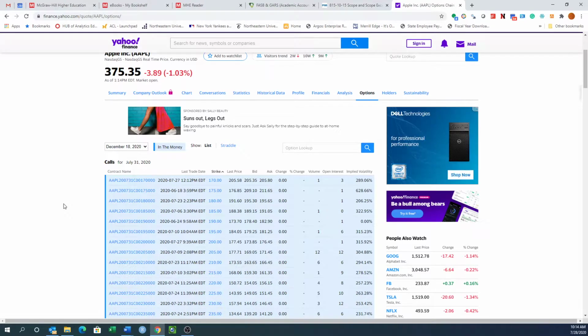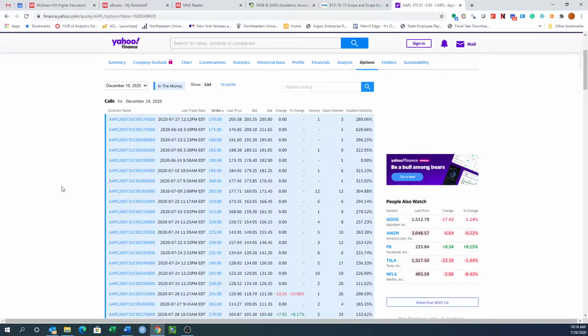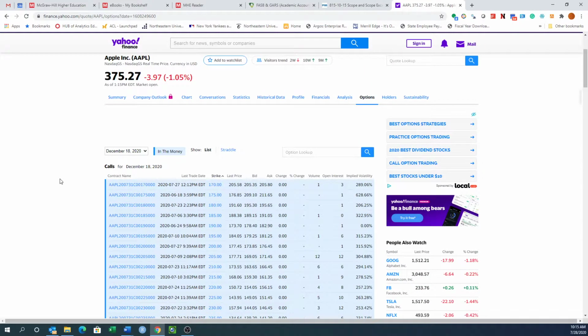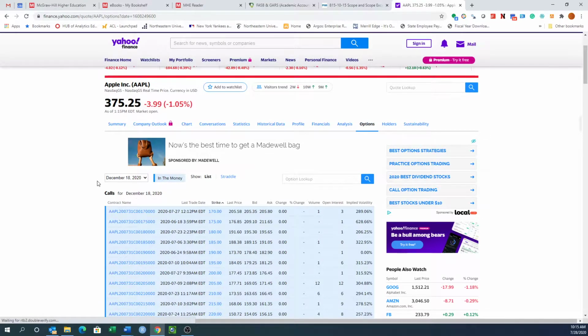So now we have December 18. Okay. And it's going to take a little bit to refresh. So these are calls, right? The first thing is we have calls, and then later on in the list we have puts. So let's take a look at our calls. Now the first grouping, they're all shaded in blue.